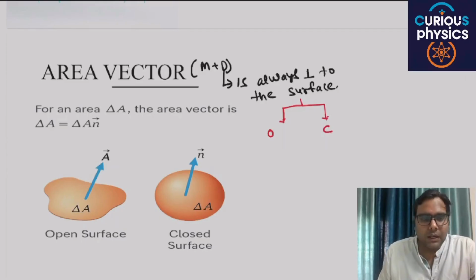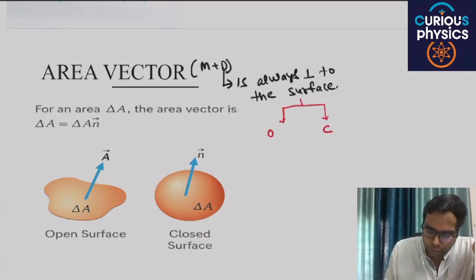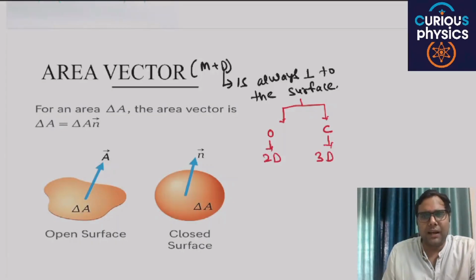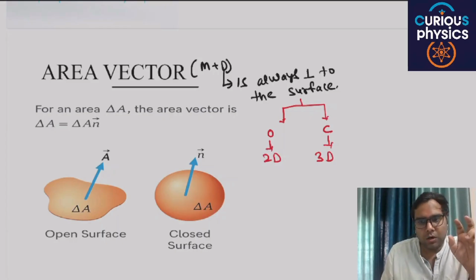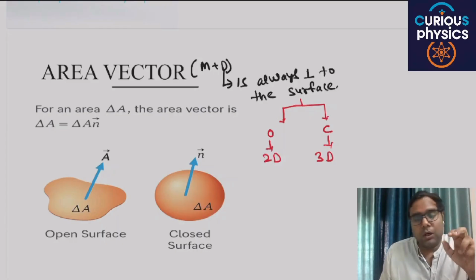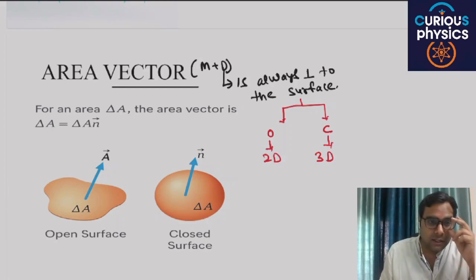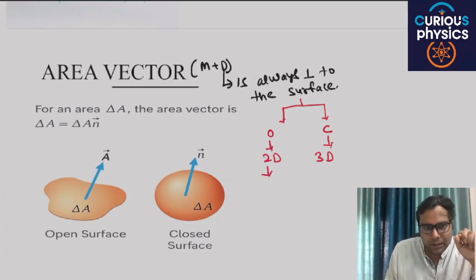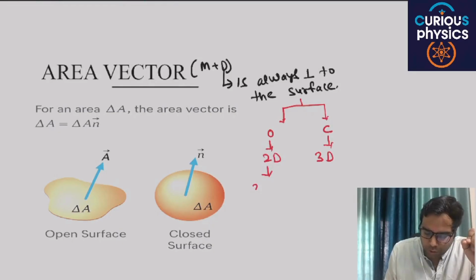Open surfaces are all the 2D surfaces, like circle, square, rectangle, and closed surfaces are all the 3D surfaces, like sphere, cube, cuboid, a cone or a cylinder. In 2D surfaces, the area vector can be taken in two ways, on two sides.